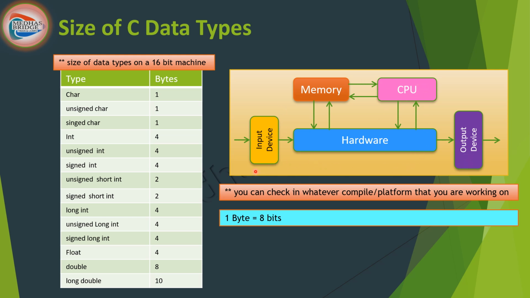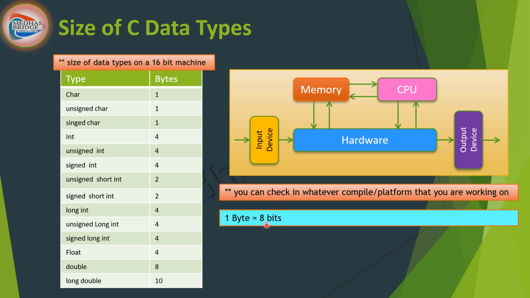So you have a 16-bit microprocessor, an 8-bit microprocessor, a 32-bit microprocessor, and so on. We can call these 16-bit machines or 32-bit machines. So typically the size of C data types which we captured here is for a 16-bit compiler versus a machine. When I say byte, it means 8 bits.